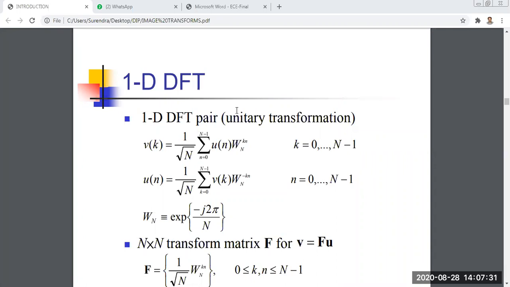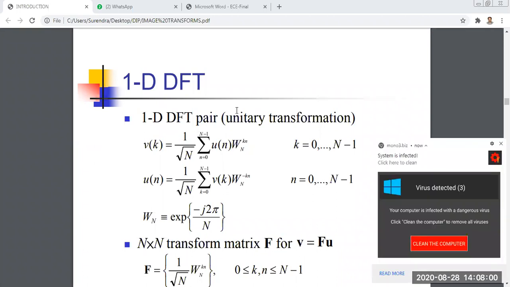Fifth is the Haar transform. Sixth is the slant transform. Seventh is the discrete cosine transform, DCT. Eighth is the KL transform.